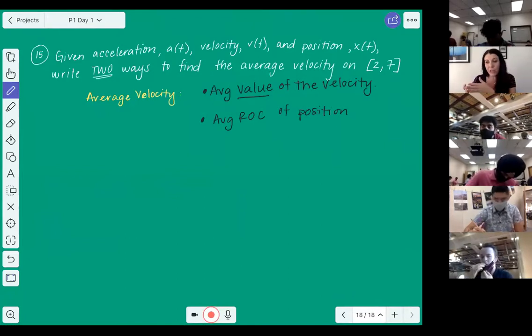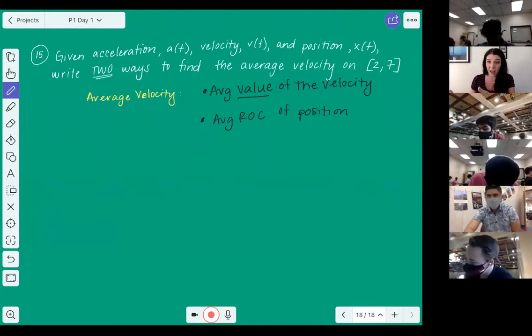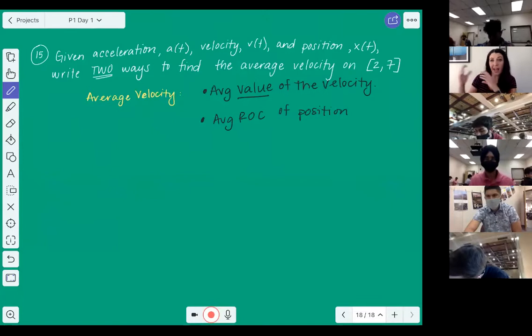Because average rate of change of position means we're finding the slope of the position graph. And the slope of the position graph means I'm going to end up with something like feet over seconds. Right? If I have an x of something minus an x of something else, that's like maybe feet, and then divided by a time, that's going to give me feet over second.